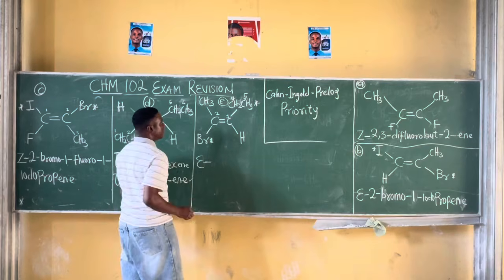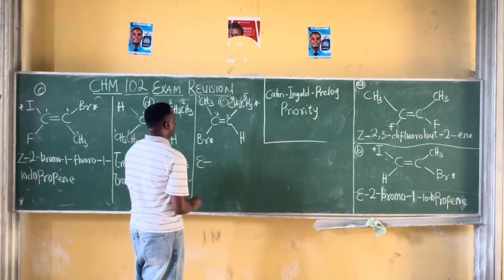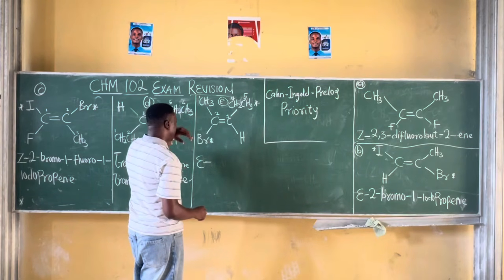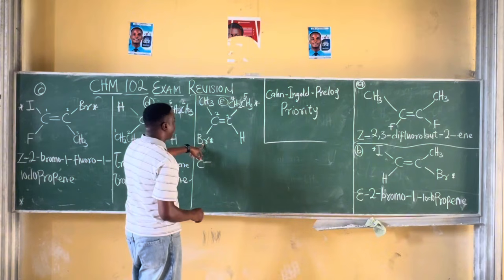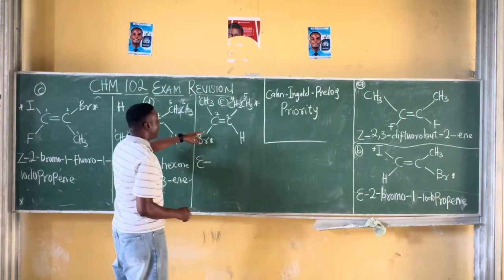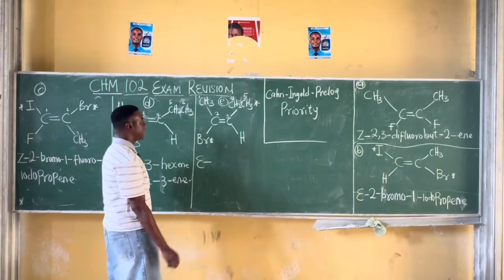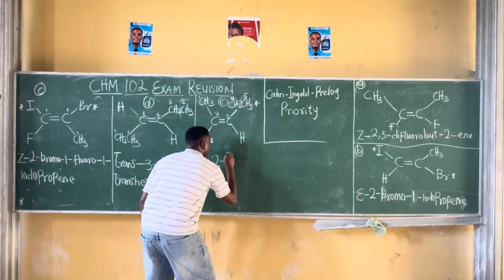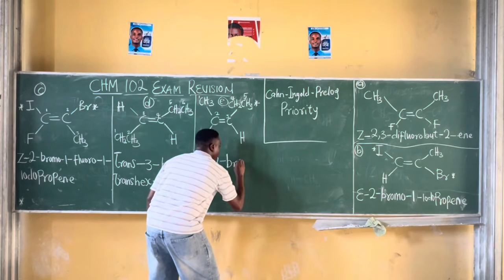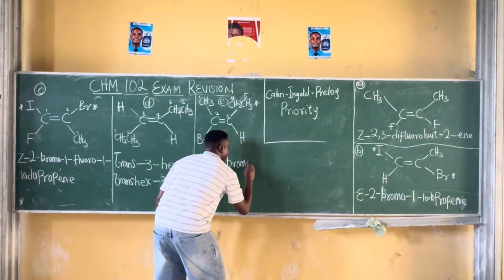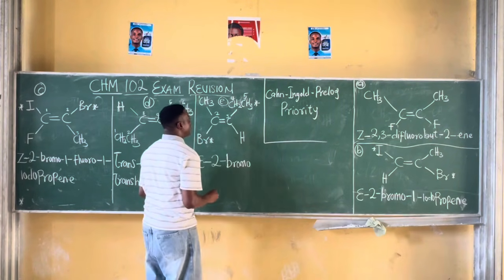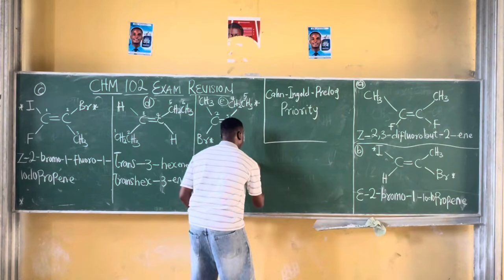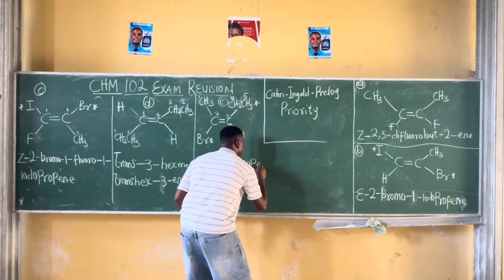All right. Now since it's E, the next thing is to identify the carbon that bromine is attached to, right? Bromine is attached to what? Carbon 2. So you can call it E-2-bromo. Then this is a pentene already, so you can call it 2-bromo-pent.